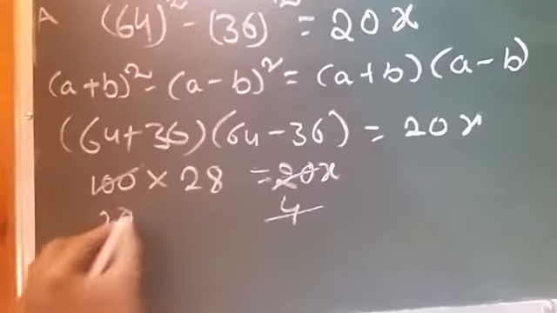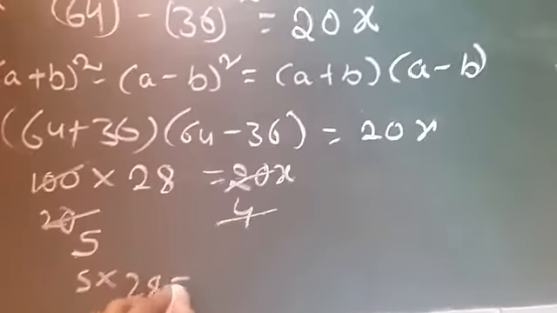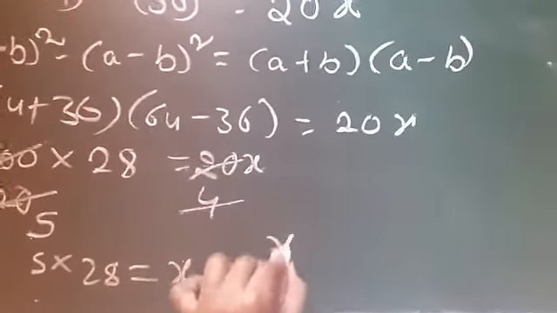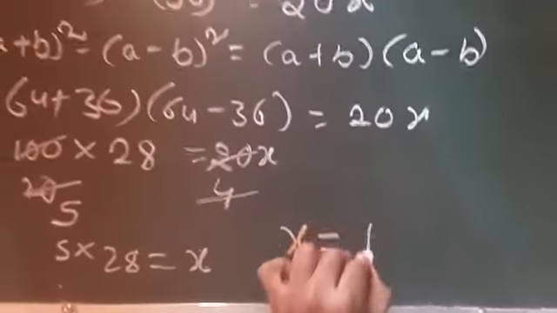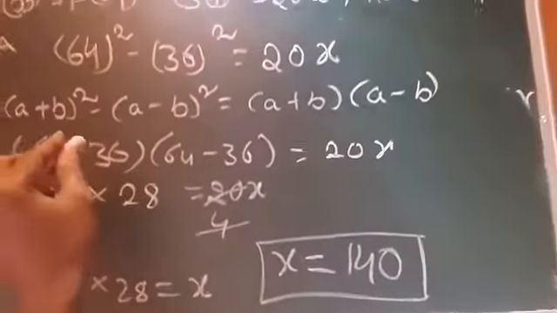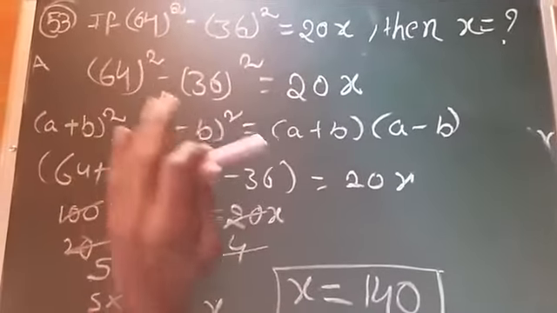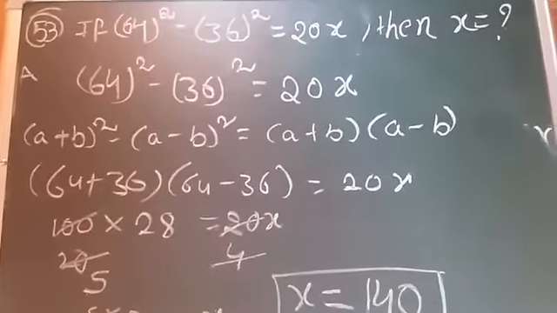Again cancel with 4, 4 5s are 20. 5 into 28 equals x, that is, 5 28s are 140. This is the value of x. Hence finally we got the answer for x is 140. I hope you understood how to calculate the value of x.